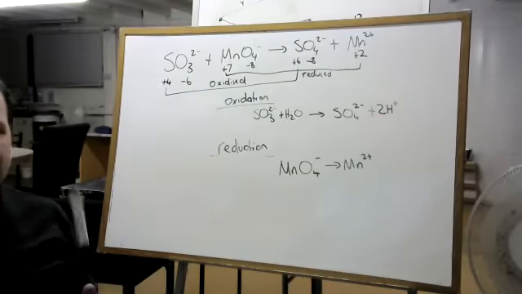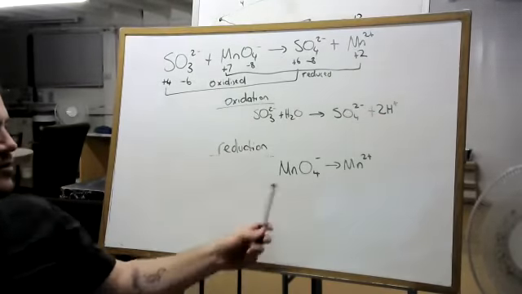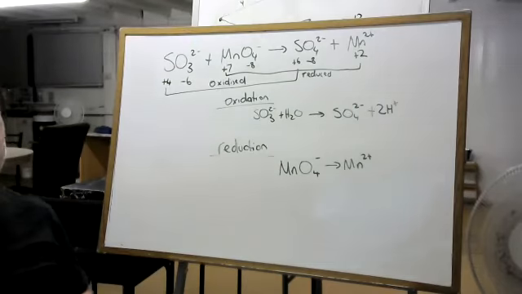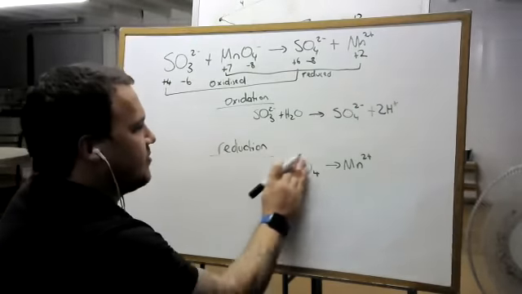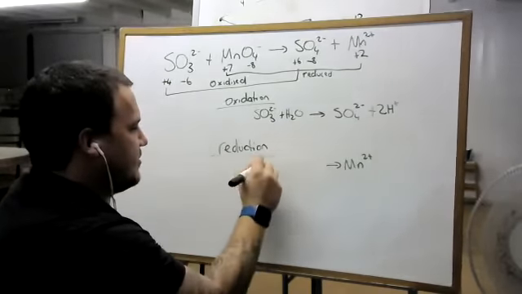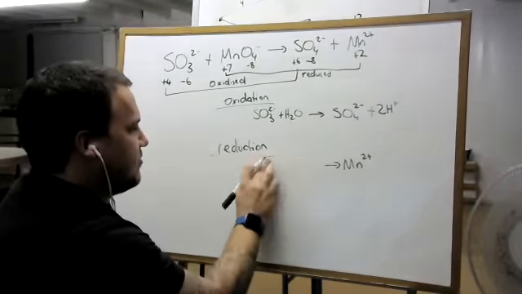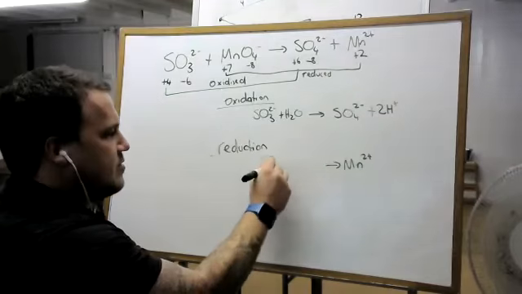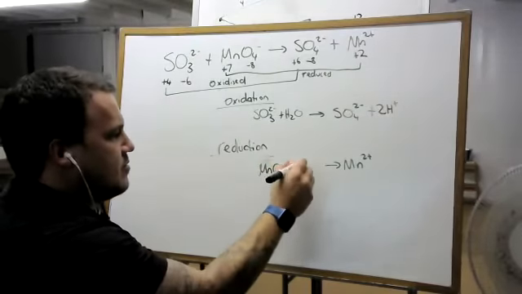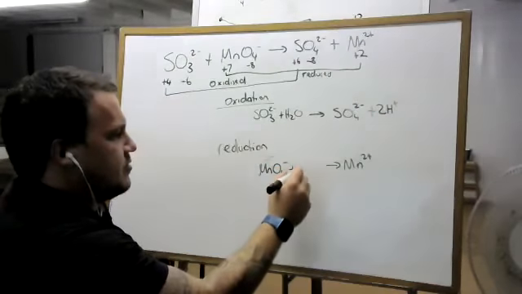So our reduction reaction, same as before. So we got MnO4 minus. What do we got?